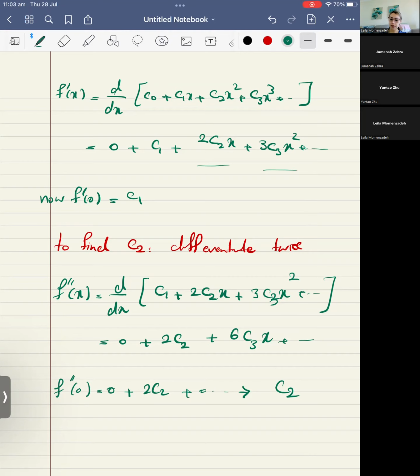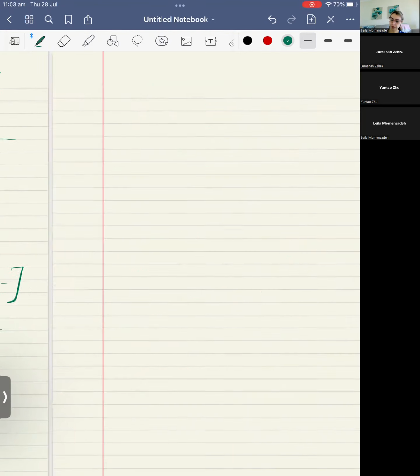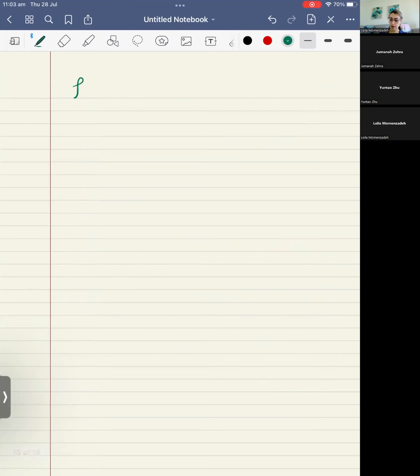It means for the F0, you can find C0. If first differentiate, you find the C1. Second differentiate, you can find C2.